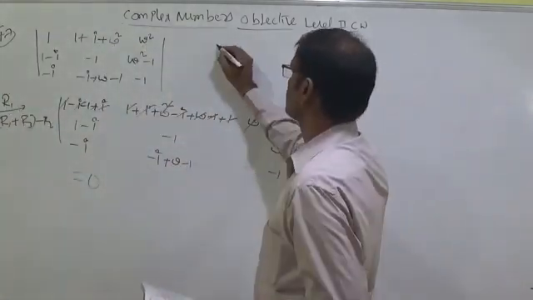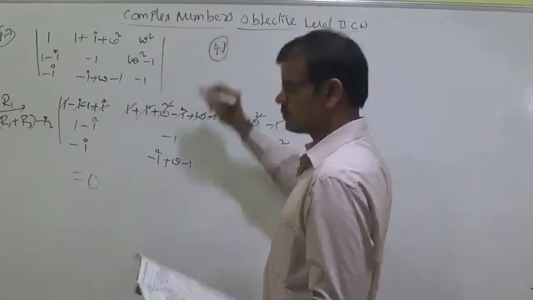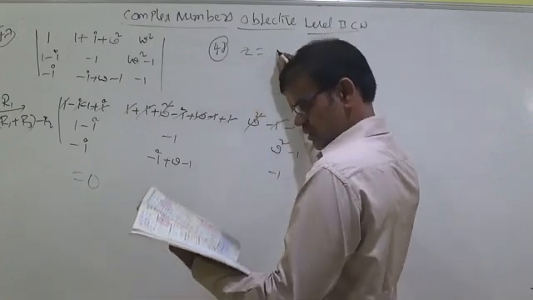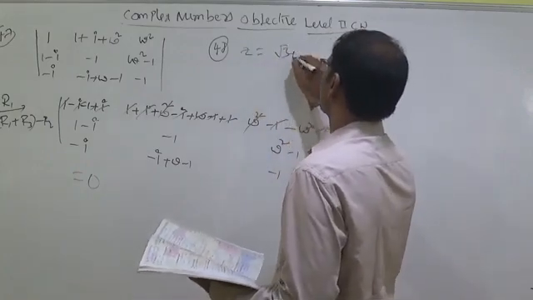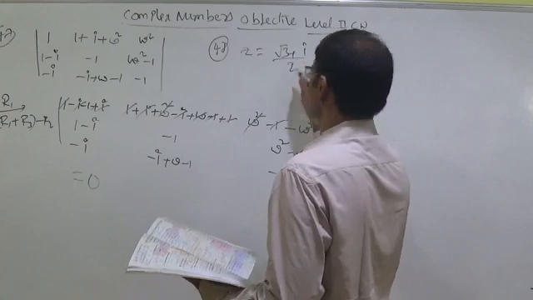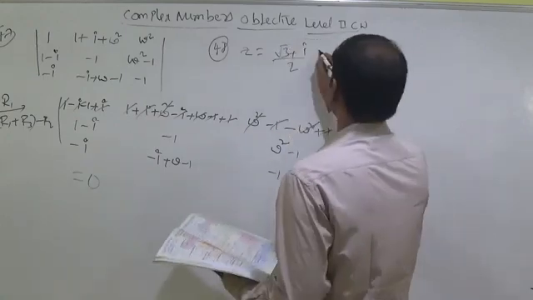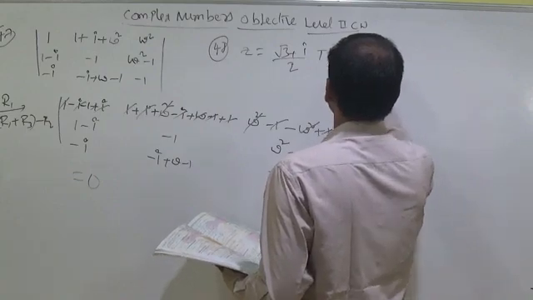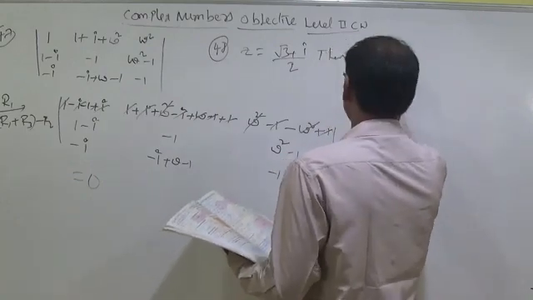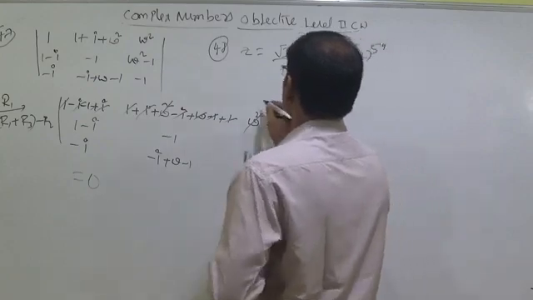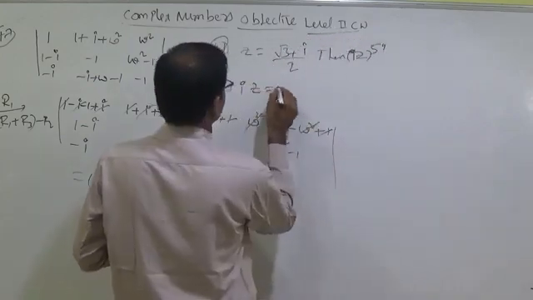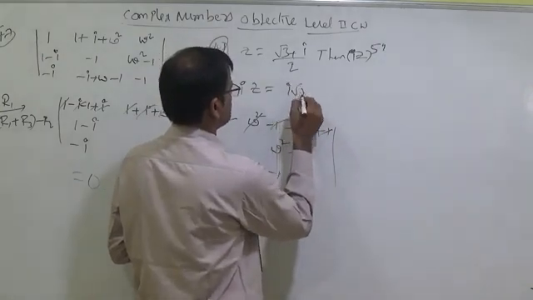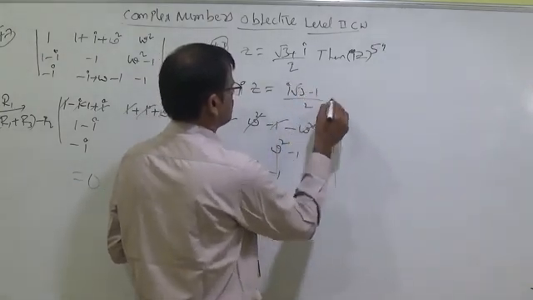Now 48th question. Z is given as root 3 plus i whole by 2. Then what is the value of the power 59? Multiply simply here, it becomes i root 3 minus 1 by 2.